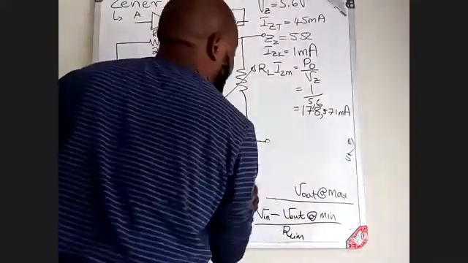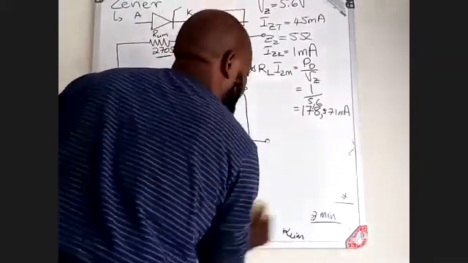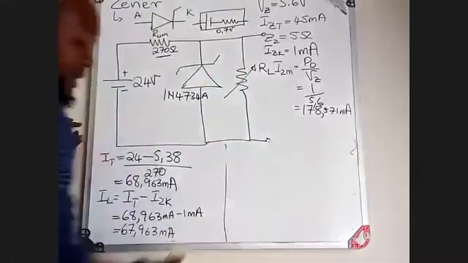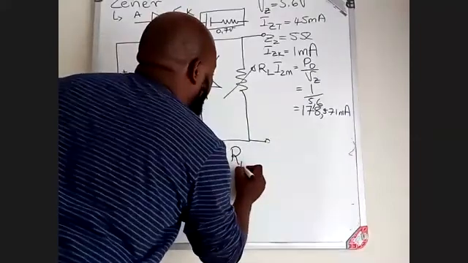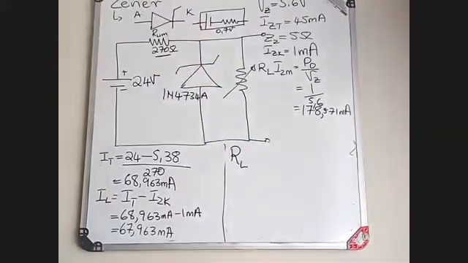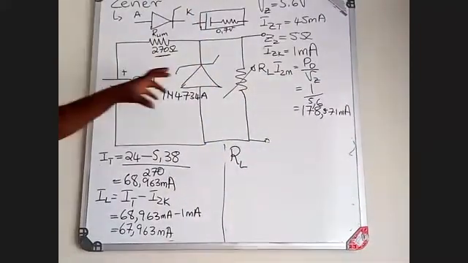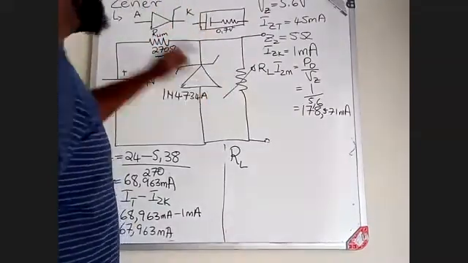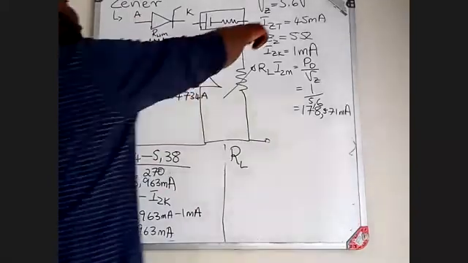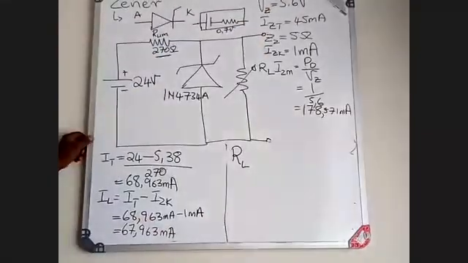Once you find your IL, you will then say, now I need to find what is my load resistor. This load resistor is a constant load resistor so that it can give me an output of 5.6 volt.